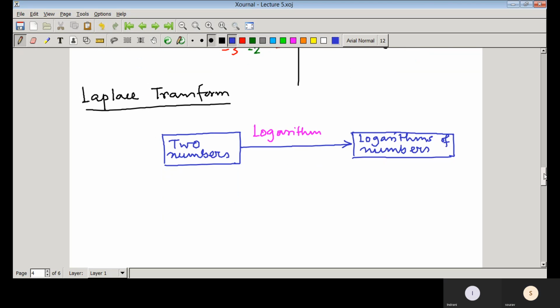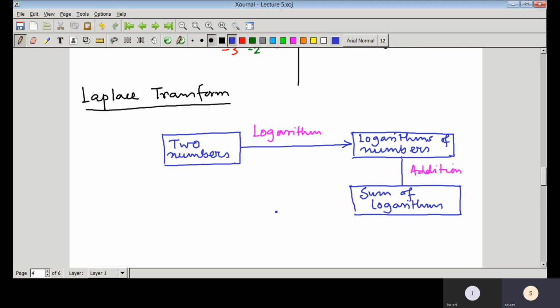Now, whenever it is a product of these two numbers, the logarithm of numbers basically gives you that addition. So this is actually that addition, and here what you get is the sum of logarithms.